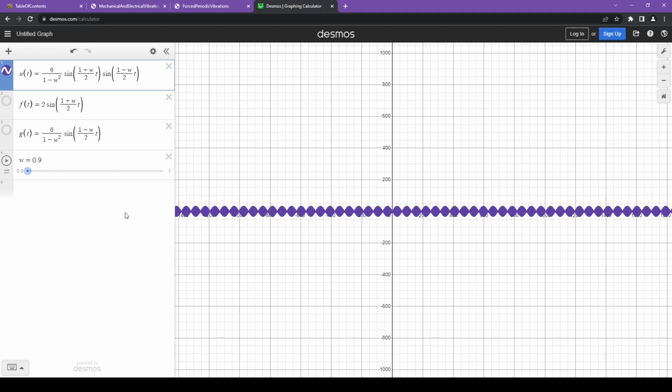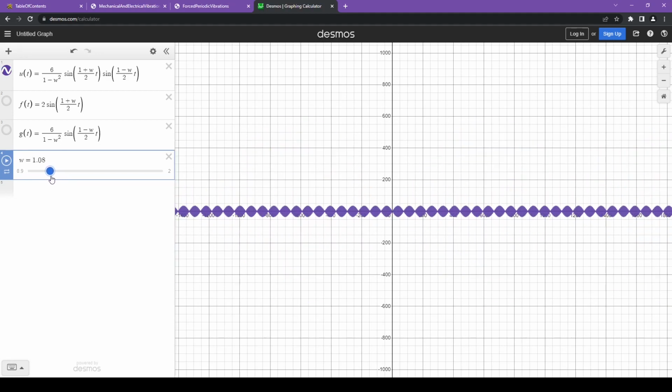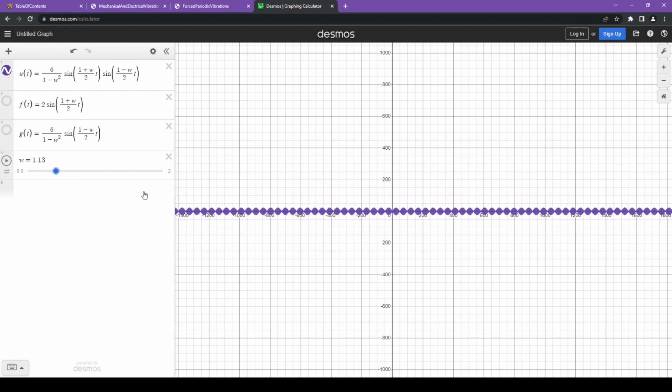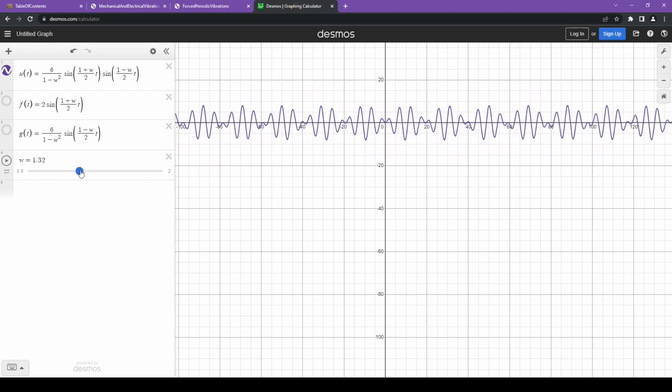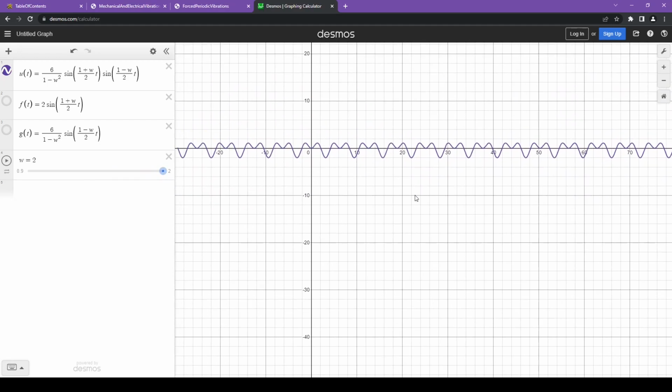Does anyone have any questions? Yes. Okay, so if we go above 1, we end up with a less interesting solution because basically the system can't respond fast enough.